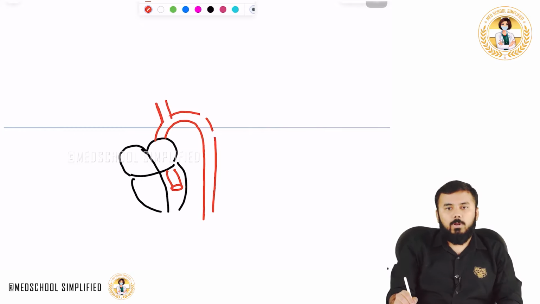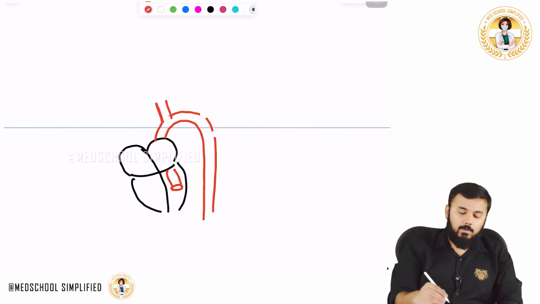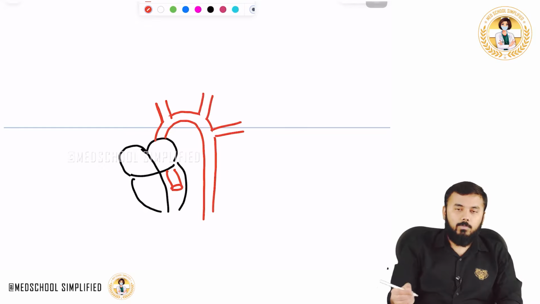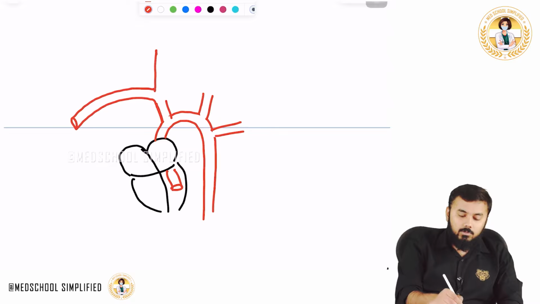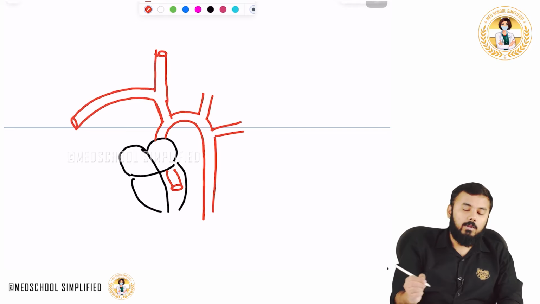This one is called your brachiocephalic trunk. Next, here you have another branch, and here a third branch. This brachiocephalic trunk divides into two branches. One is called the right subclavian, and another one is called the right common carotid artery.